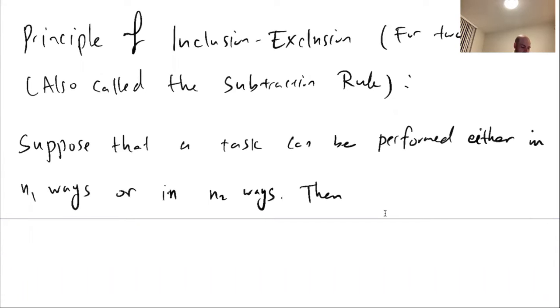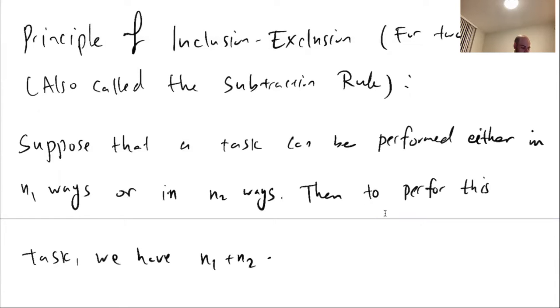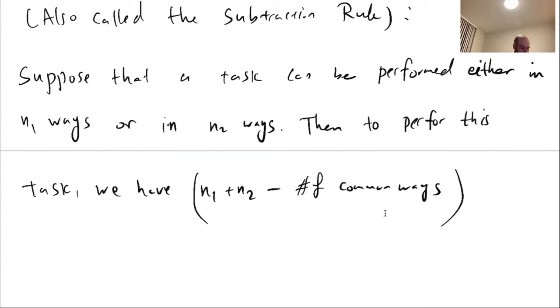Then to perform this task, we have n1 plus n2 minus the number of common ways to perform this task. We have this many ways.